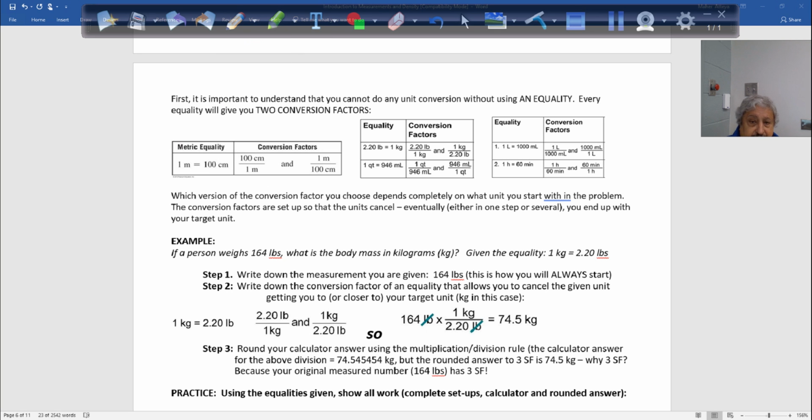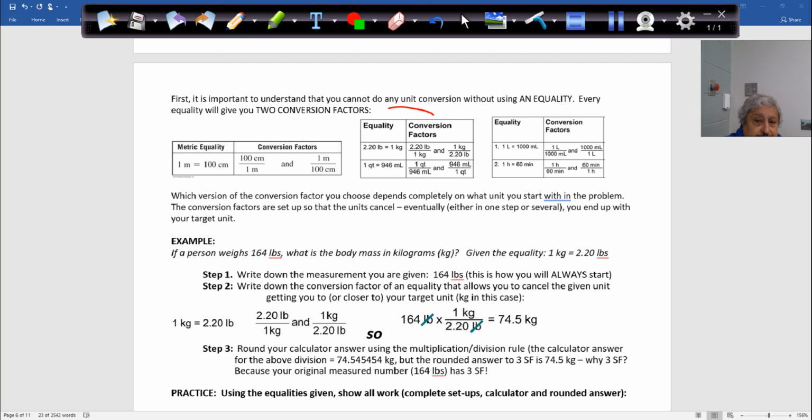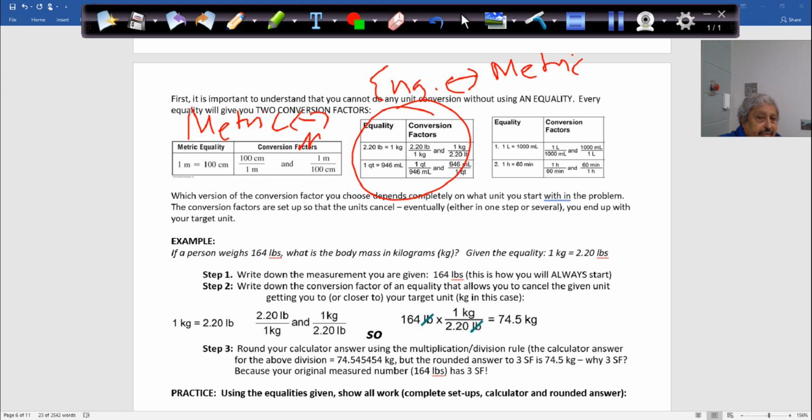Look at this, guys. Here I have English to metric, and here just metric to metric, and here again metric to metric.